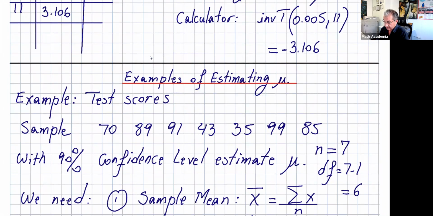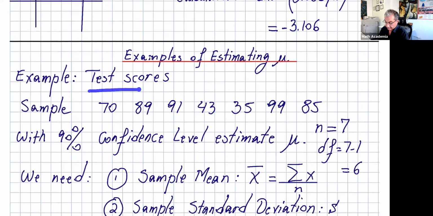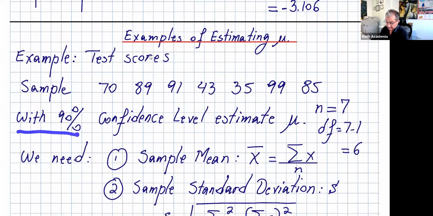Examples of estimating mu. Let's say we have test scores. I have a sample, and in that sample I have 1, 2, 3, 4, 5, 6, 7 test scores. So n is 7. With 90% confidence level, estimate mu, the population mean.